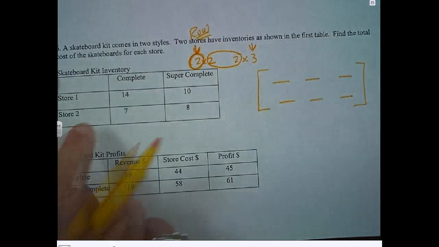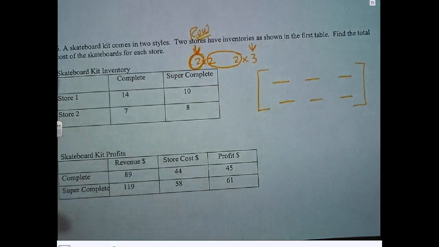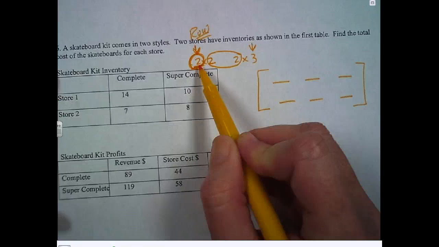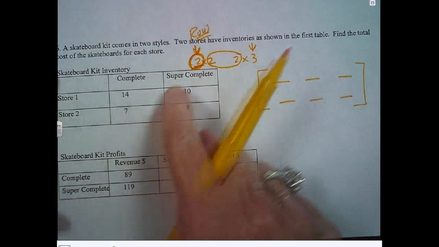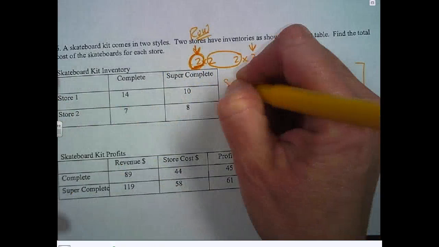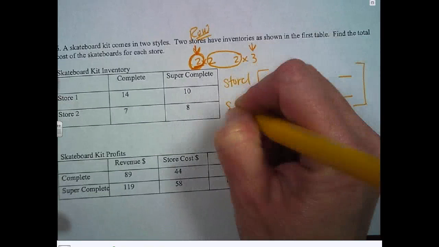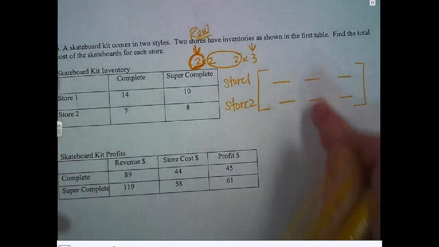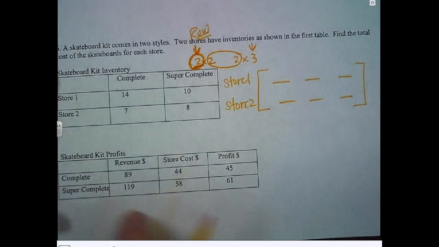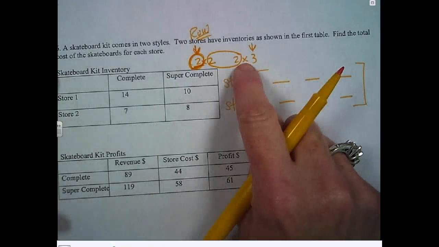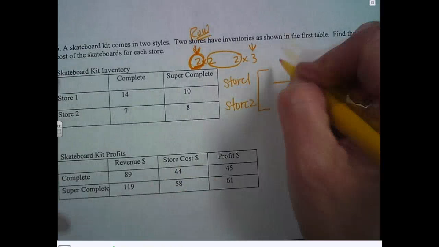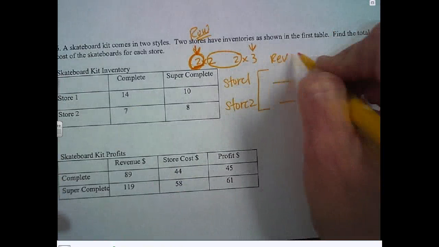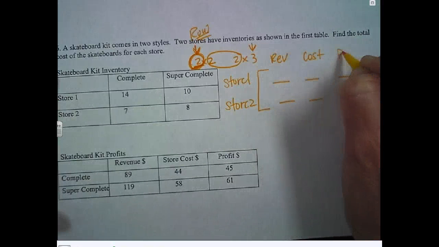And the rows, that's from the first one. We're taking the 2 rows. It comes from the first group. So I'm going to use the rows of this group. So this is store 1 and store 2. We have 3 columns. The 3 comes from the second matrix, right? So I'm going to use this for the columns. Revenue, cost, and profit.